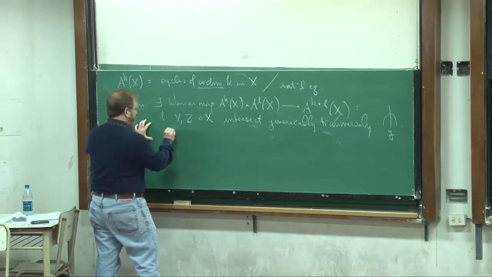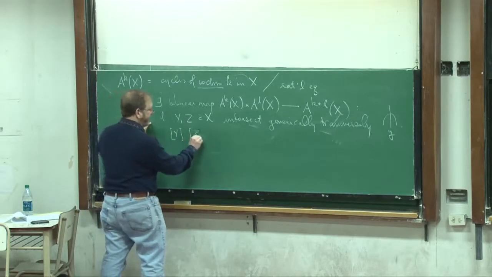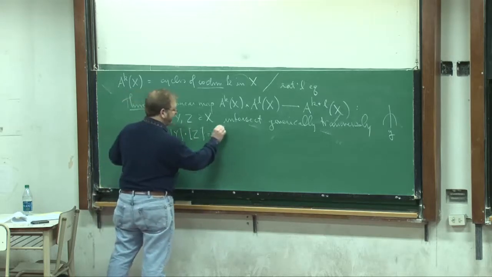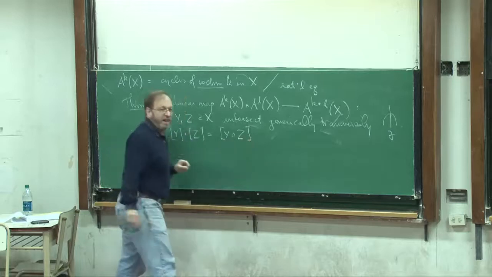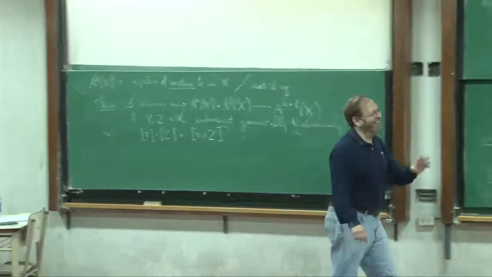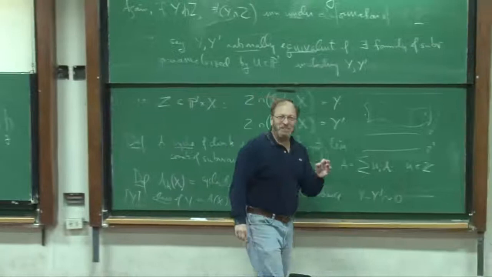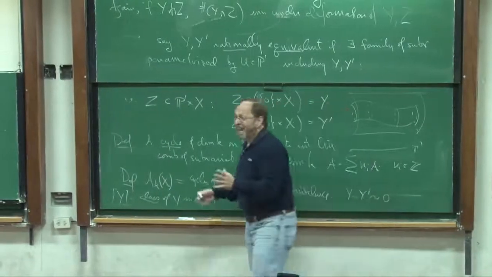The claim is that the product of the classes of Y and Z is just the class of the intersection. Now I've got a statement. Grammatically correct.